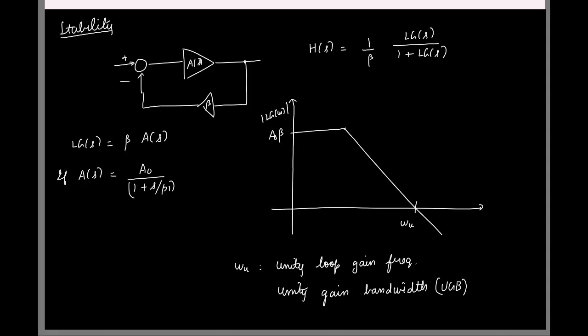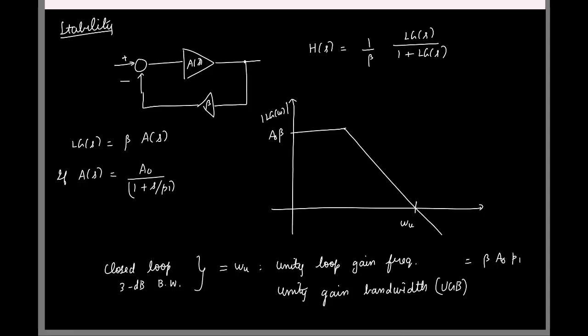And for the first order system, what was this equal to? We calculated last class. What was the unity gain frequency? So beta A0 times P1, right? Great. And we also saw this omega u was also equal to the closed loop 3 dB bandwidth.